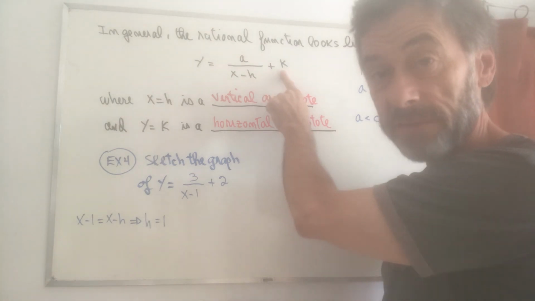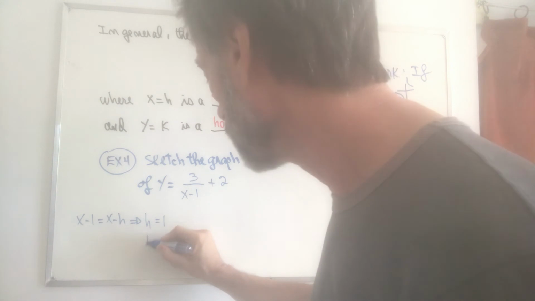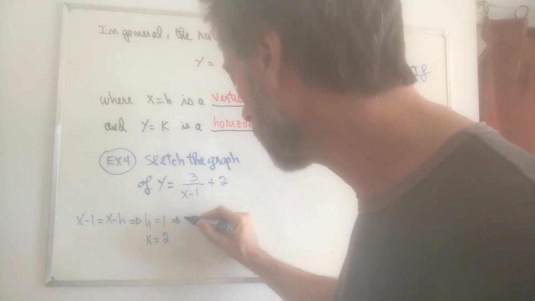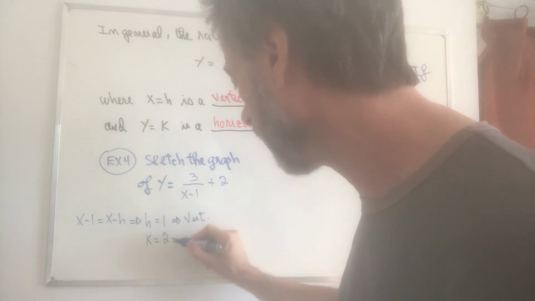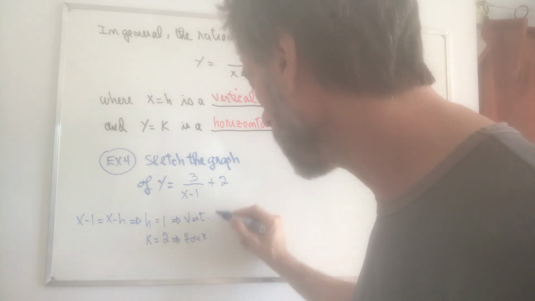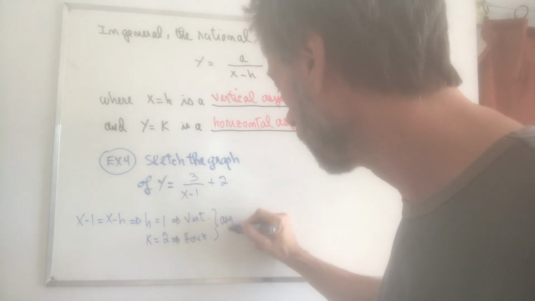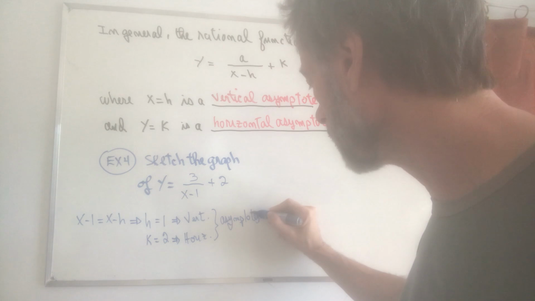The k is the trailing value at the end of the fraction, and that trailing value here is 2. So what did we find here? We found the vertical asymptote, and here we found the horizontal asymptote. So these are my 2 asymptotes.